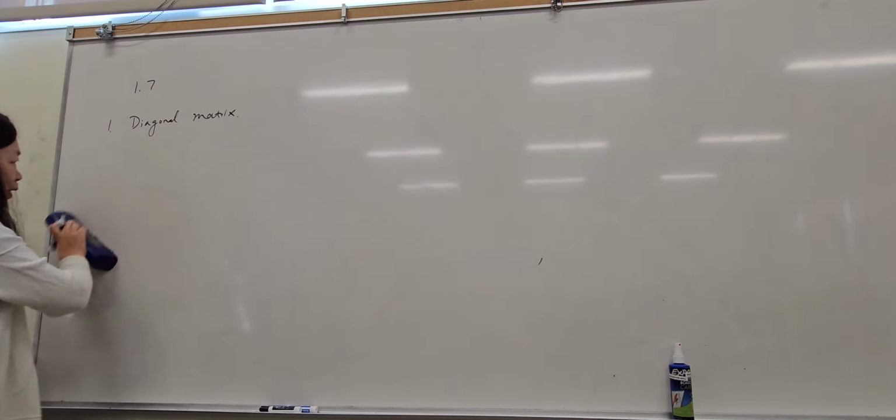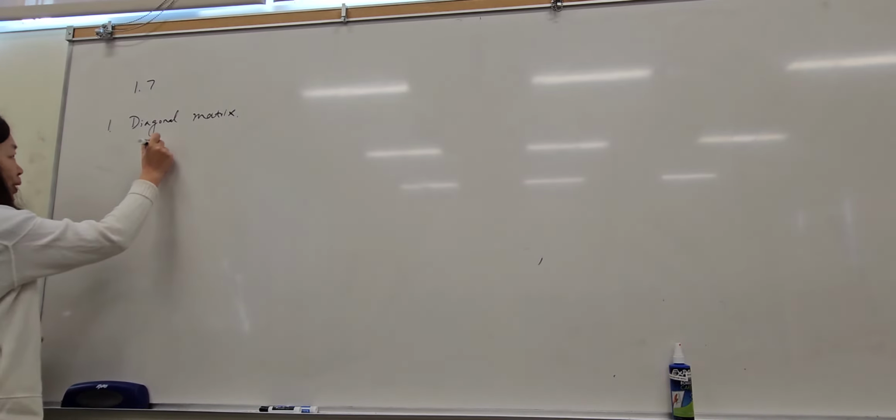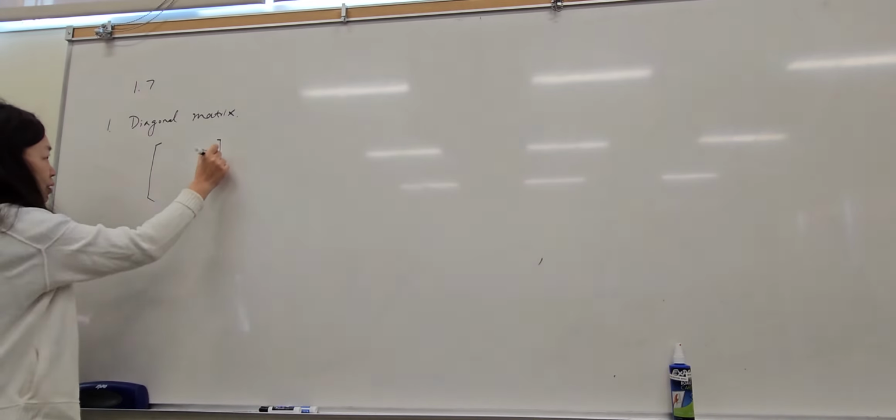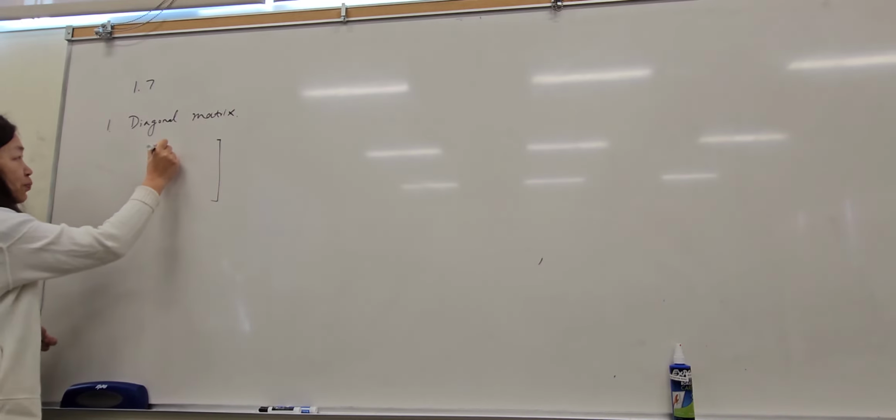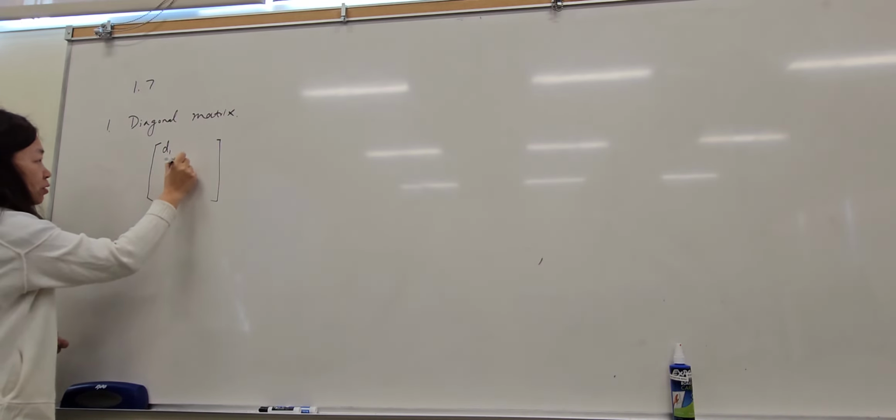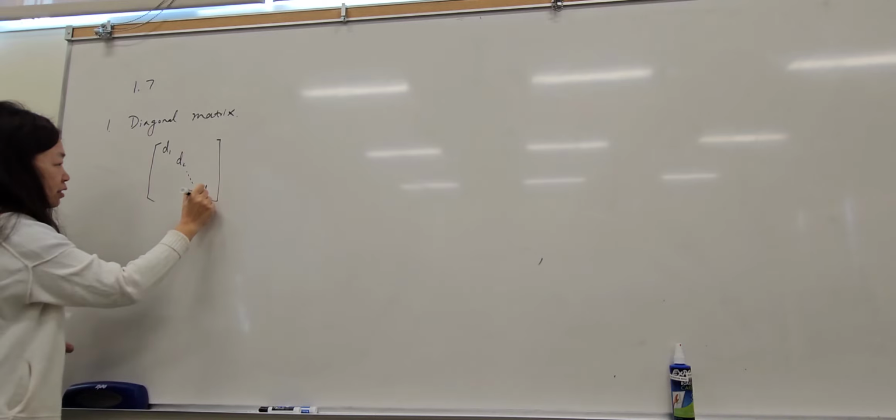So what's a diagonal matrix? A diagonal matrix is like this. You have a matrix, and you're going to have numbers like D1, D2, and Dn.